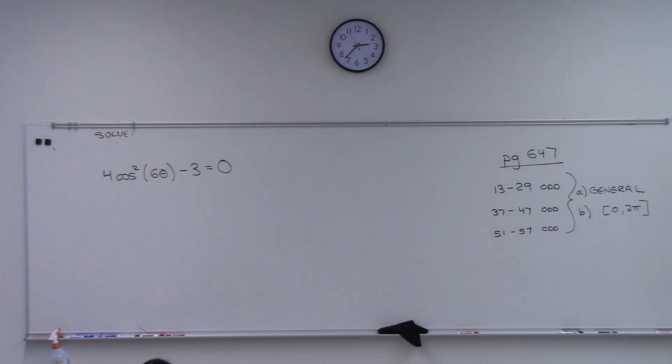When you take square root, do plus or minus. So you're actually going to have 4 different places this happens. Because you'll have the pi over 6, the negative pi over 6, but then also here and here as well.